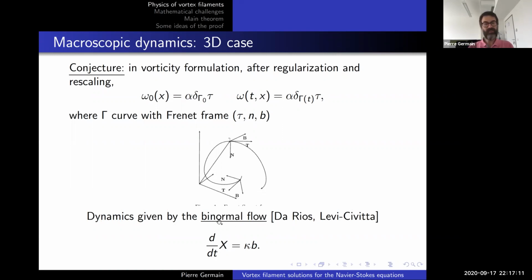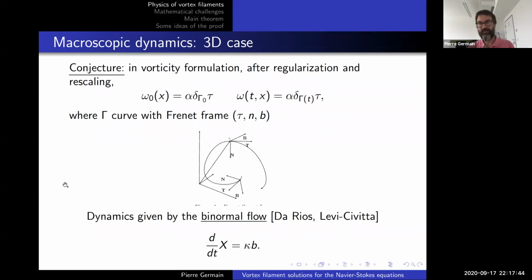So the binormal flow is a Hamiltonian geometric flow. So if X is a parametrization of your curve, at any given point of the curve, you go along the binormal, hence the name, and you do so with a strength that is proportional to the curvature kappa of the curve.